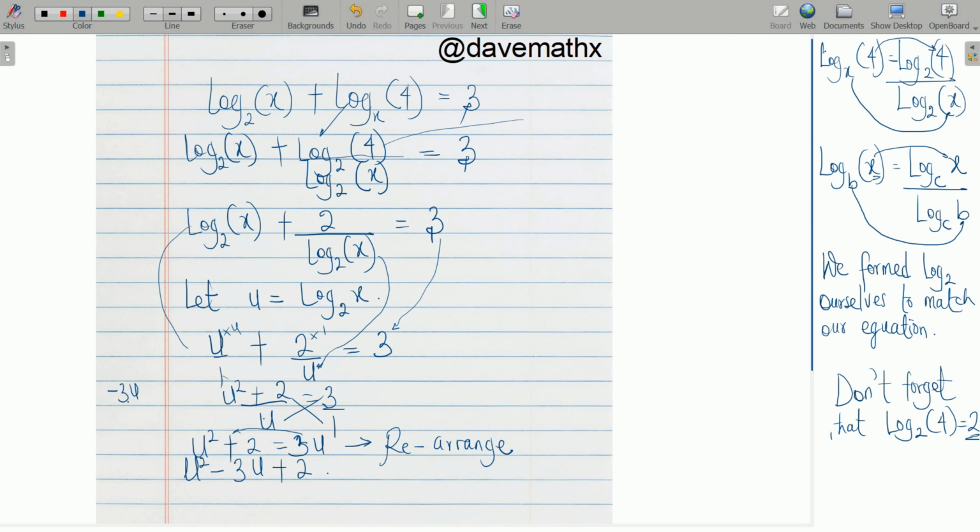We can now determine which factors of 2 sum up to minus 3. The two numbers can be minus 2 and minus 1. Minus 2 and minus 1 added together gives minus 3, while multiplied gives plus 2.